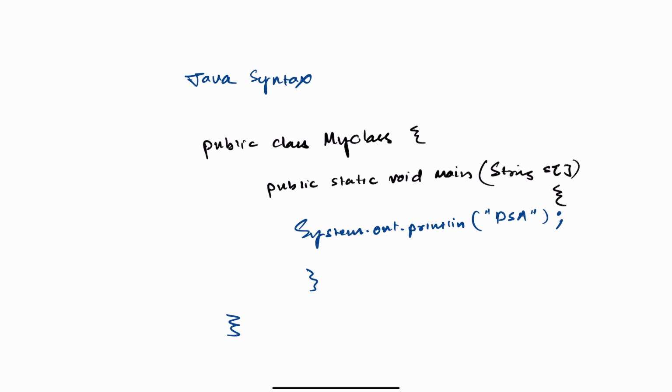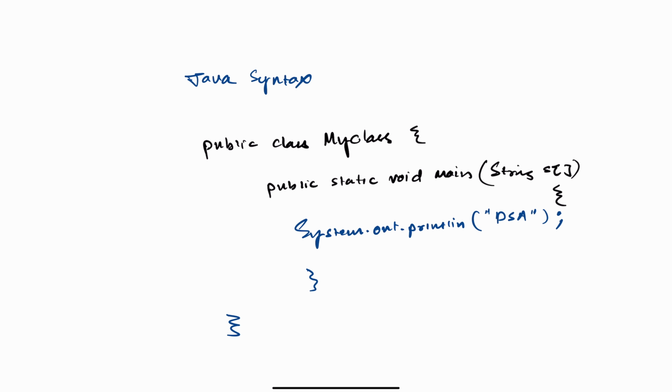Now, second thing, this curly bracket and this parenthesis have different meanings. Parentheses apply to method calls or method declarations, but curly brackets apply to opening the class and opening the method. I hope this is clear.